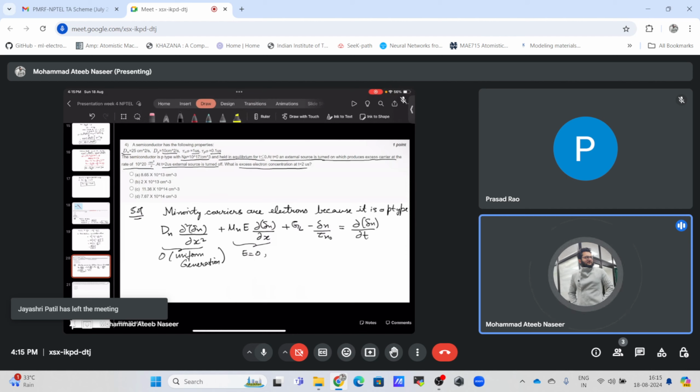Okay, now we are left with the term GL, which is the generation rate, and delta n by tau n naught, which is the recombination rate, and it is given by d delta n by dt, the variation of this excess carrier concentration with time. How does it vary with time? So this equation looks familiar.